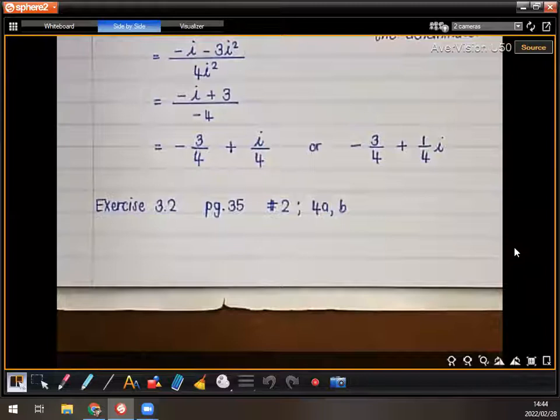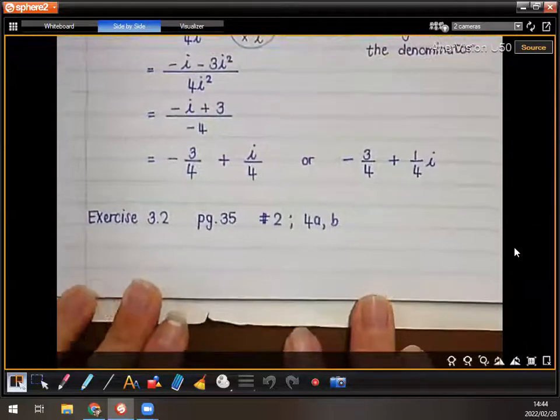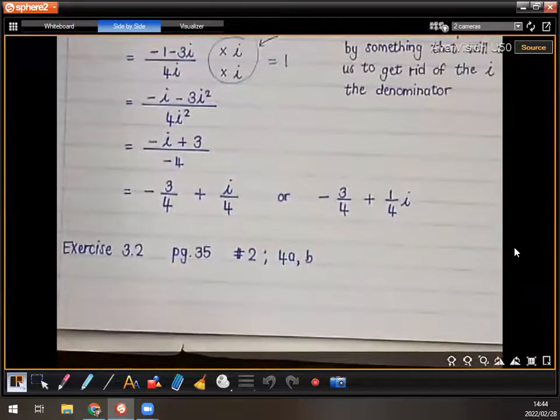In 4A and 4B, they've given you an equation with an a and a b in both equations, that's the two variables, and they're saying you must solve for those variables to make the equation true. So you can take a look there. Okay, start working on that now, please, great kings.